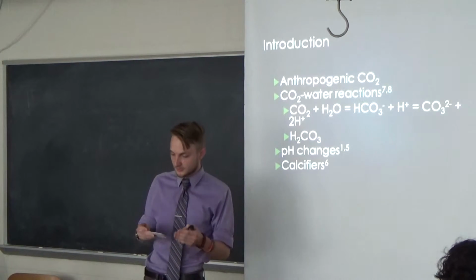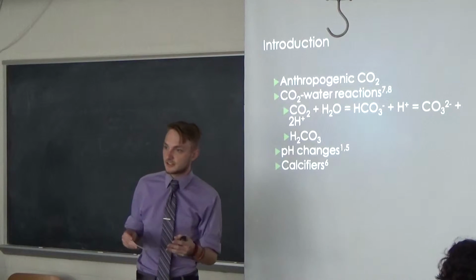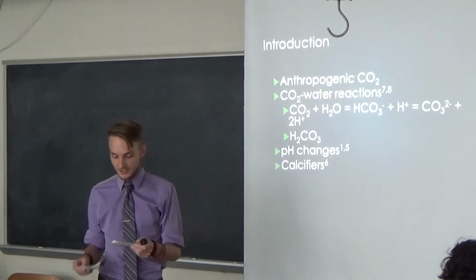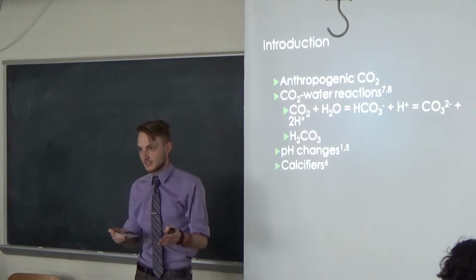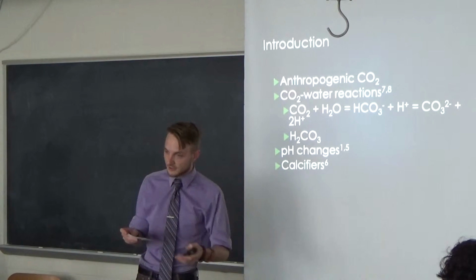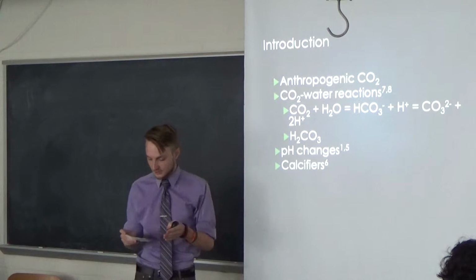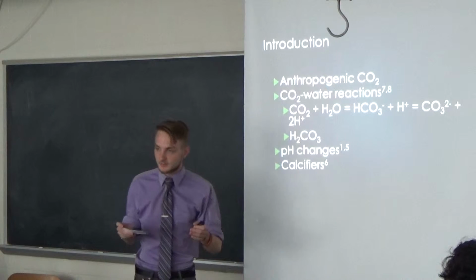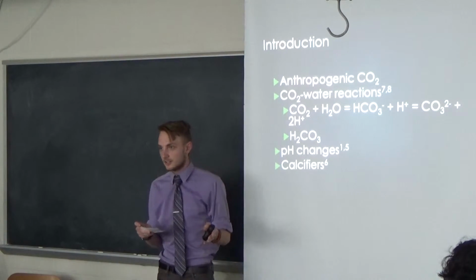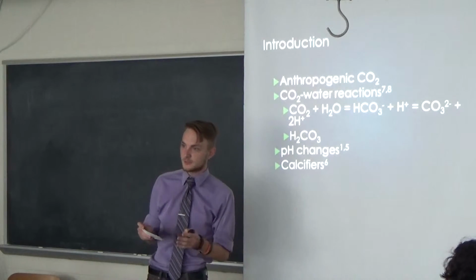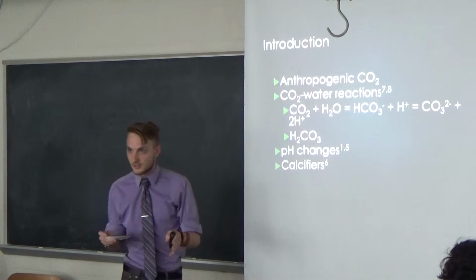In addition to this, as I said before, carbonic acid releases hydrogen ions into the water. And the more hydrogen ions there are, the more the pH decreases. Now, the global average pH of the ocean is about 8.2, and it's decreased by about 0.1 units since the pre-industrial era, which equates to about a 30% increase in hydrogen ions in the water.